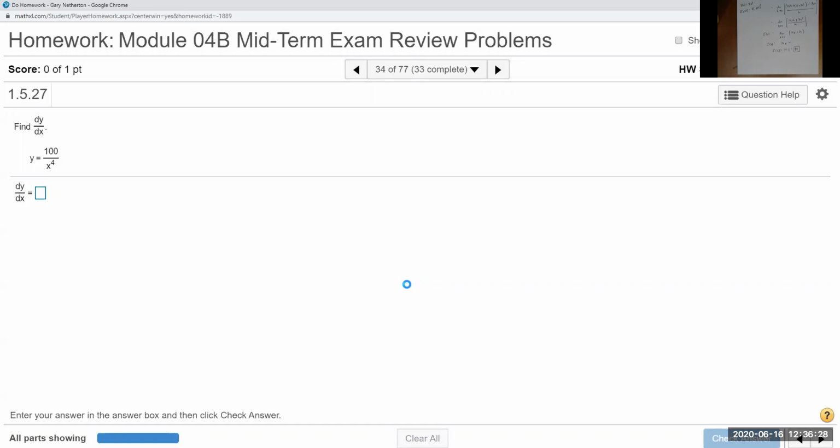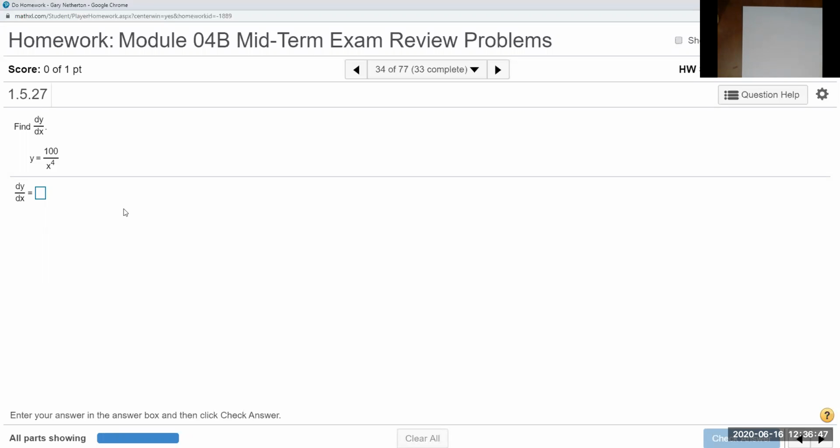All right, now it gets a little trickier. So this one I'm going to have to probably do on paper. Let me write this down, then we can talk about it. So the original equation is y equals 100 over x to the 4th.